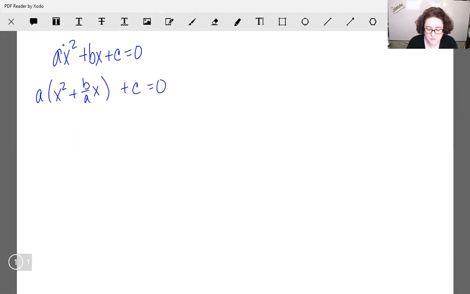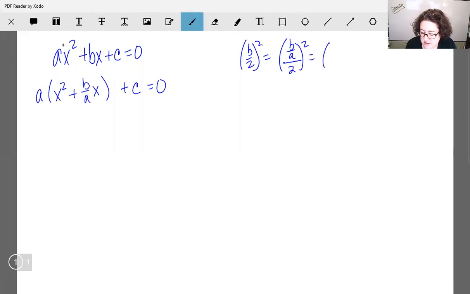So then our next thing is b over 2 squared. Well, our b value in this case is now this whole thing, b over a. So I'm going to take b over a all divided by 2, and that gets squared. Whenever I divide fractions, it's really multiplying by the reciprocal of that second fraction.